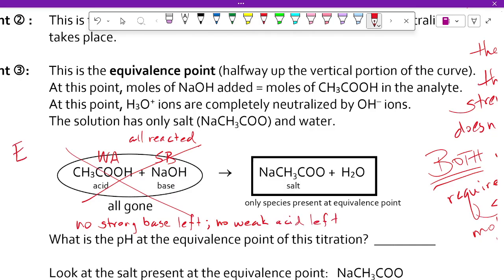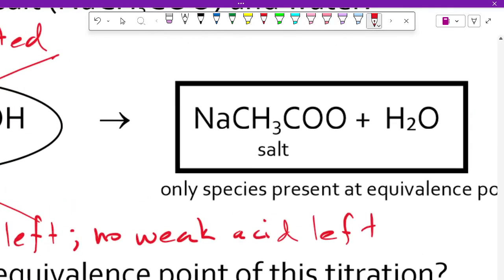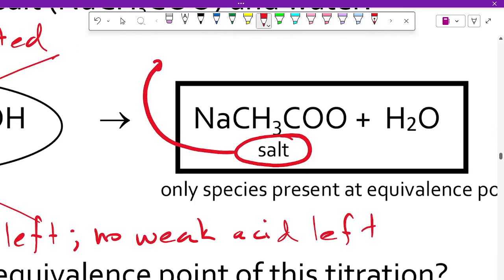This is at the equivalence point. We've reacted them all. No excess of either. What do we have? When we react an acid with a base, what do we get? We get a salt plus water. And when you see a salt, what should you think? You should say hydrolysis.